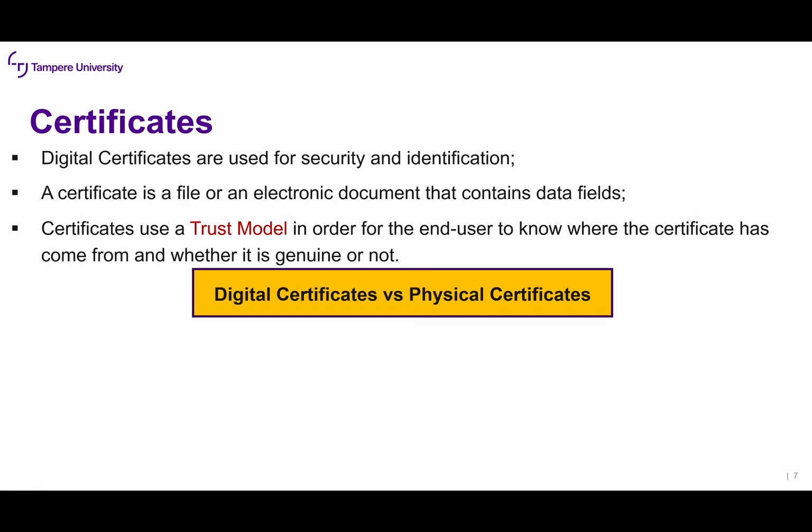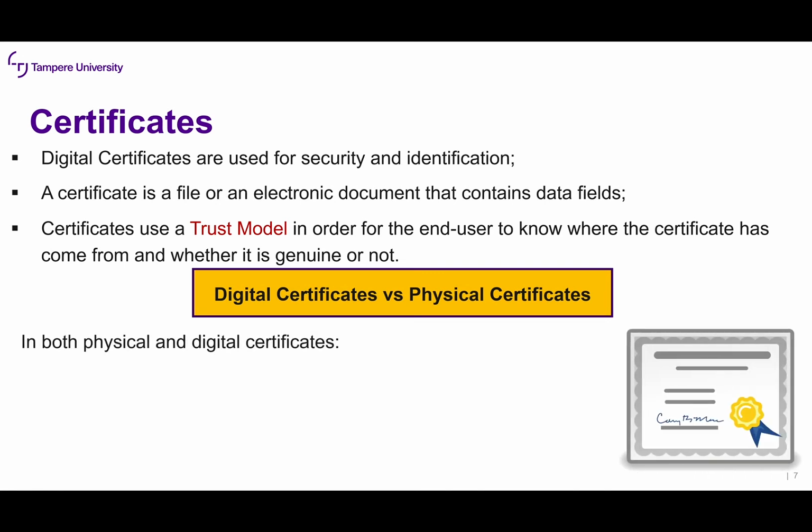Now, let's compare digital certificates with physical certificates. They have a lot in common. In both physical and digital certificates, you can see who has issued the certificate. For example, when you get your diploma from a university, it has the name of the university, right? So immediately you see the certificate and you understand that, okay, that guy graduated from Harvard or whatever.